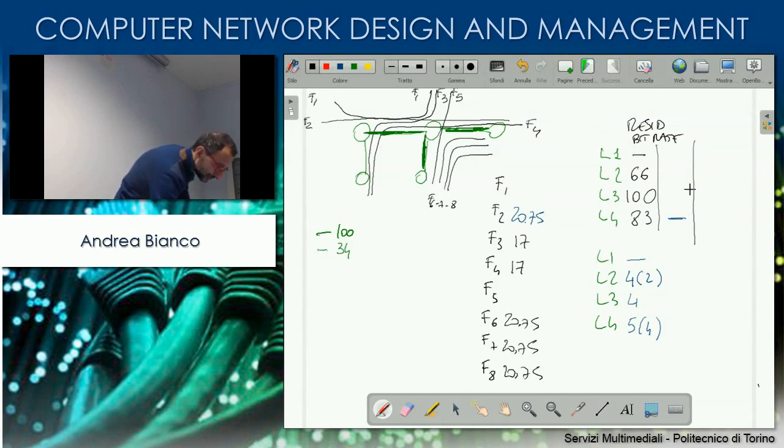I was wrong, don't worry, that's the number. On link 3, yep.